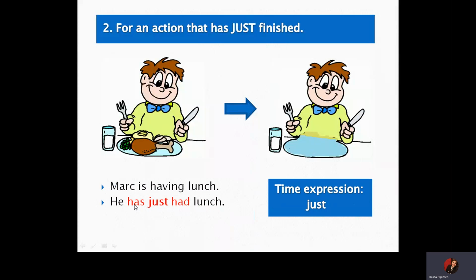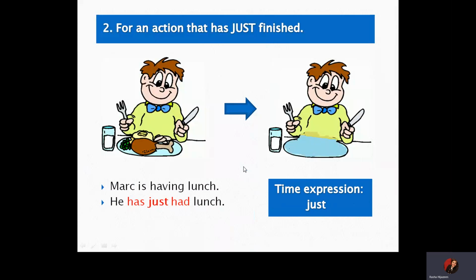So you have to notice we have the form of this tense, present perfect. Who can tell me the form? Yes, has plus verb 3. And what is the verb 3? Had. Okay, had. So has here is a helping verb.